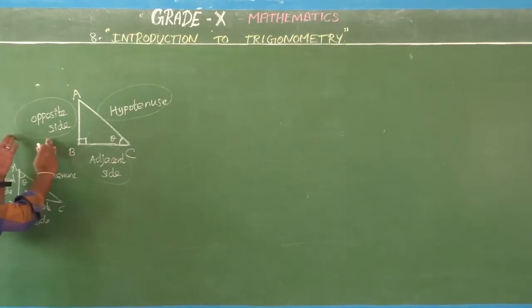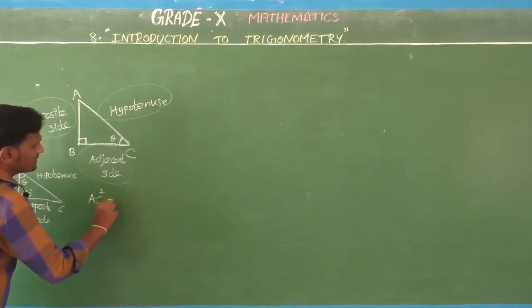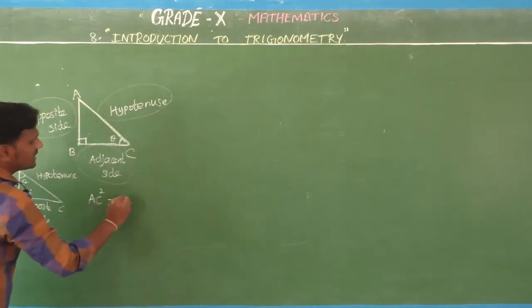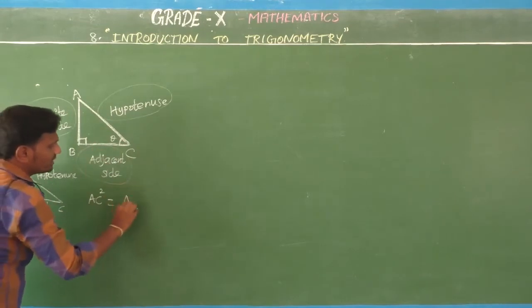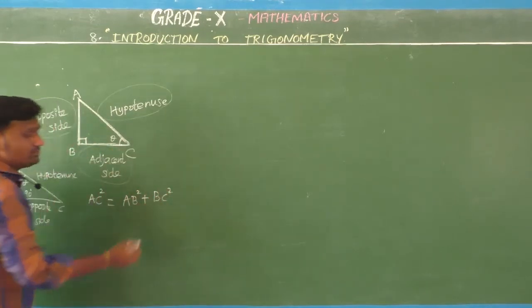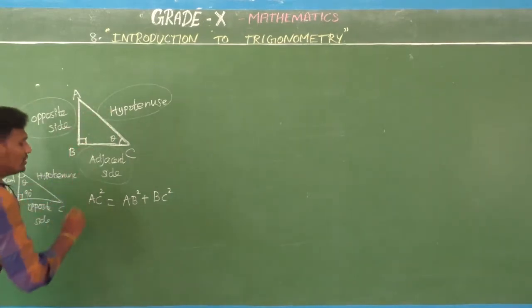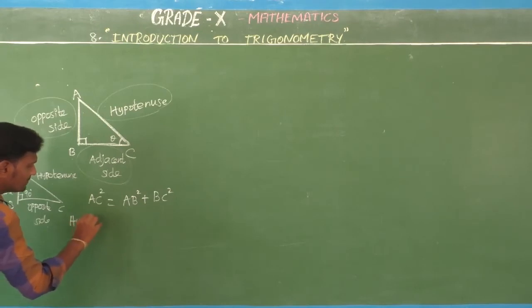Okay. So through this right angle triangle, I am giving you the Pythagoras theorem. The Pythagoras theorem is AC square equals AB square plus BC square. So what is the name of AC, opposite to the right angle? Hypotenuse.